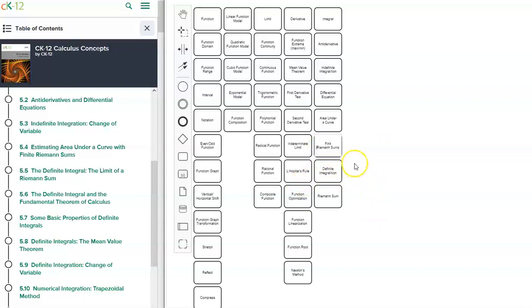And so I'm going to get rid of that. And then we have a limit of a Riemann sum. So we have the Riemann sum limit. And again, when I say Riemann sum limit, you say Riemann sum limit.